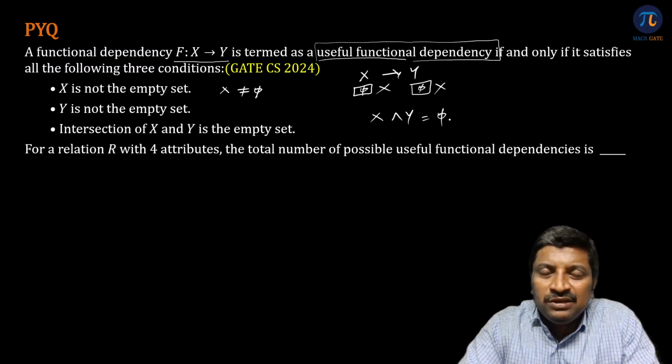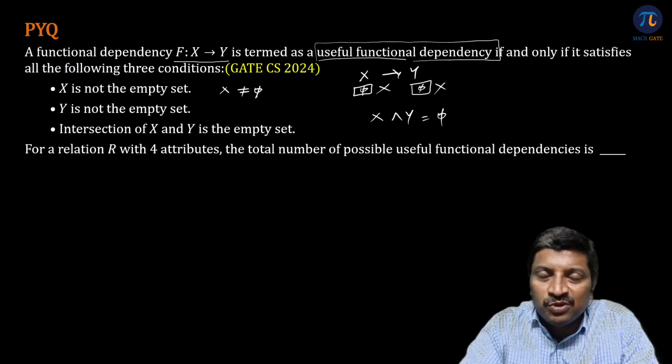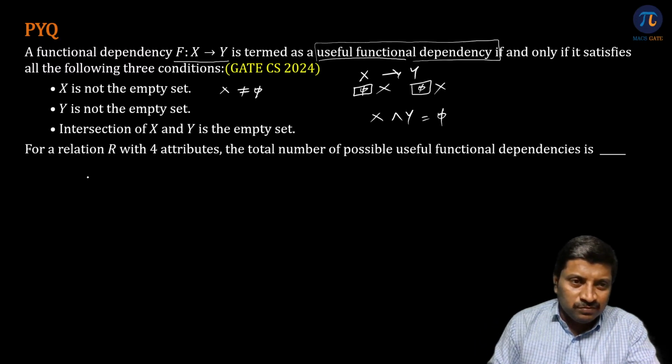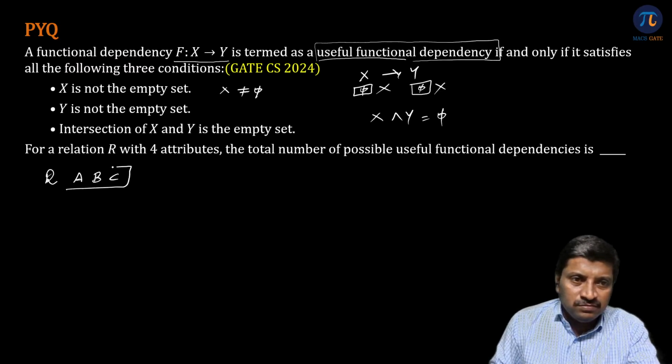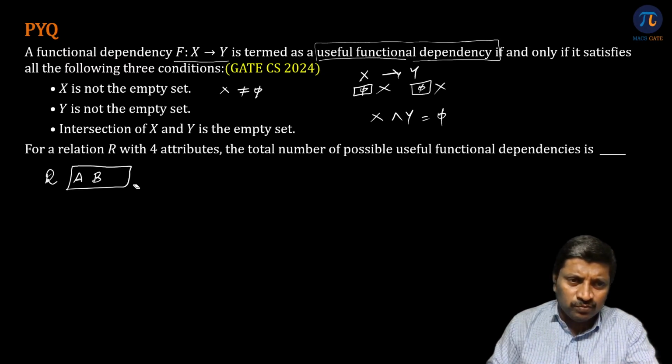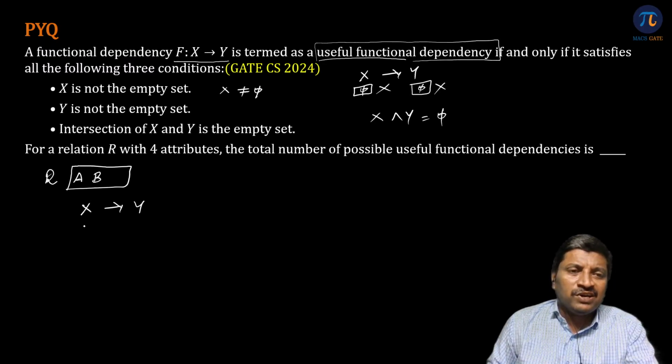Am I clear, sir? So first, let me explain with a small example. Then we go for counting. Suppose we have a relation with 3 attributes, or let us consider, for simplicity, only 2. What are the possible values for X?